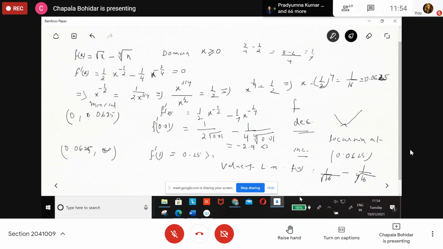So it is root over 1 by 4 minus 1 by 2. So what do you get? Minus 1 by 4, I think. So the local minimum value is this one, minus 1 by 4.